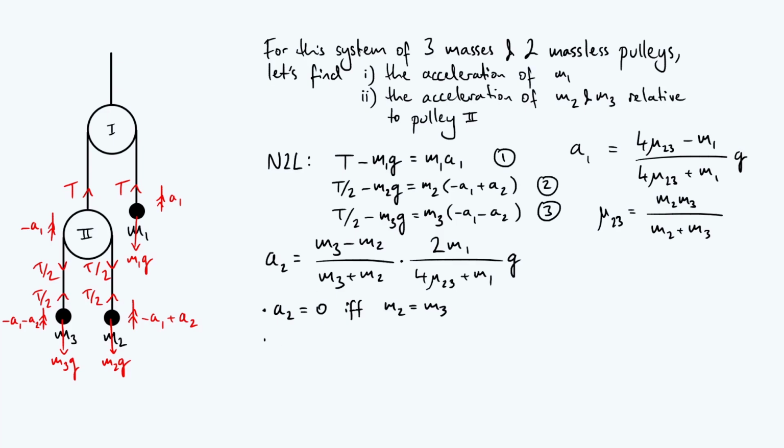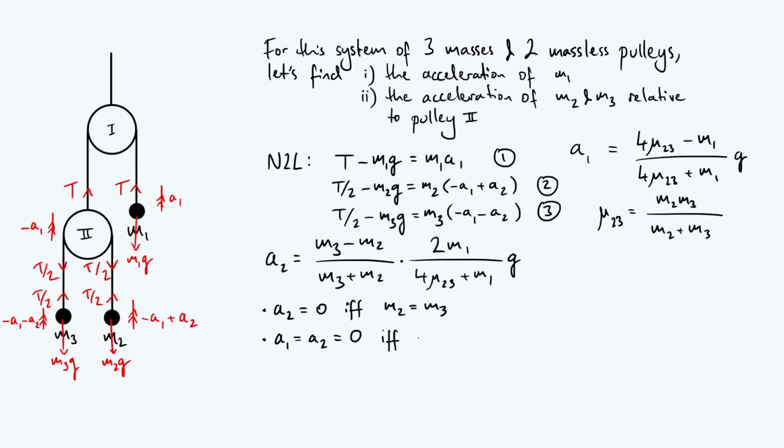What about the condition for the entire system to remain in equilibrium? In other words, what if we want to force A1 and A2 to both be equal to 0? That's going to happen if and only if M2 equals M3 and M1 equals 4 mu23, as we derived earlier. So if we combine those conditions, we take our expression for mu23 and make M2 and M3 equal to each other. Let's just call them both M2.